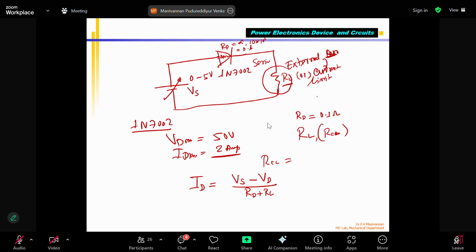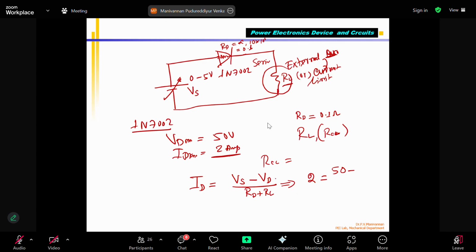How will you calculate that? The correct way is this formula. ID, the manufacturer already told, is 2 amps. 2 equals, what is this? They are saying the maximum supply voltage is 50 volts. 50 minus VD during conduction.